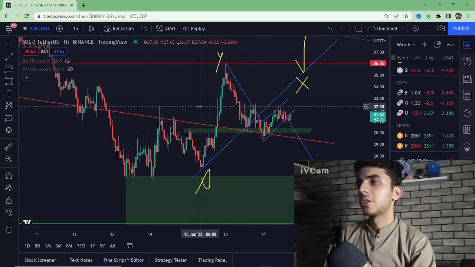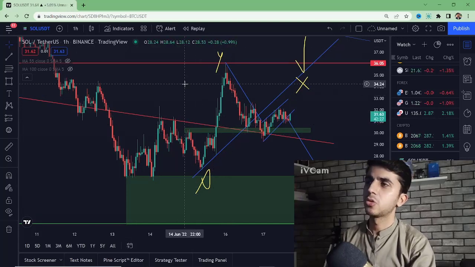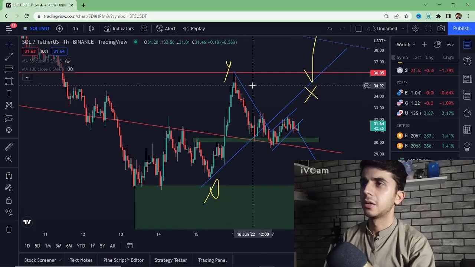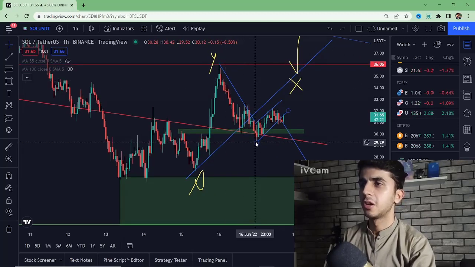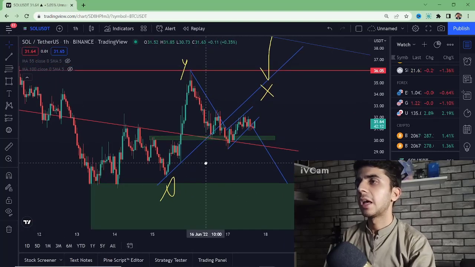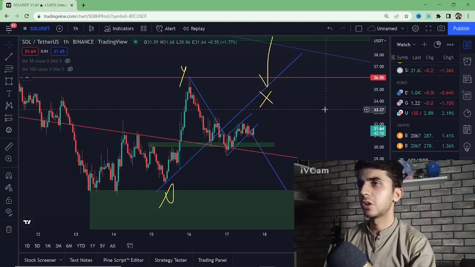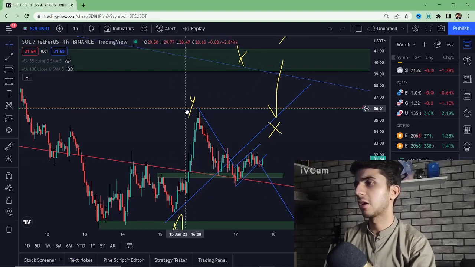What did Solana do? On a local time frame, the 1 hourly, Solana made a higher high on this price level. And then this one is not bearish, this is another higher low than this one. So these are the two higher lows that we have, and if somehow Solana is able to create another higher high, I mean, you've got to break out this thing.